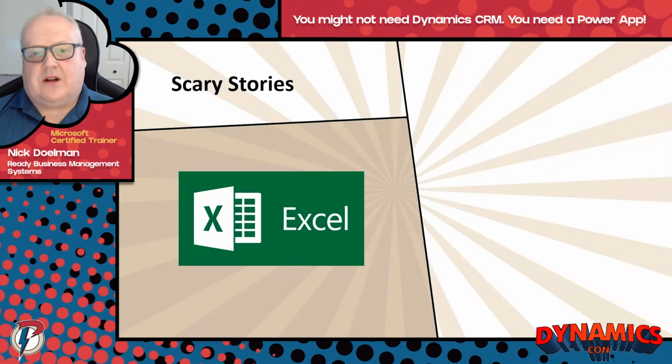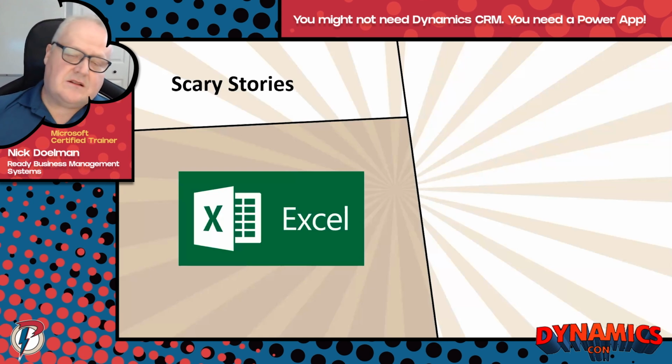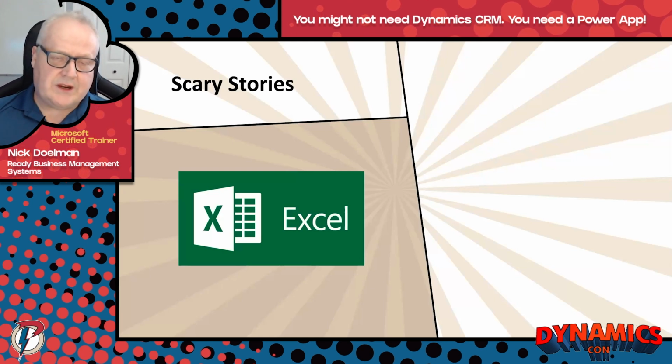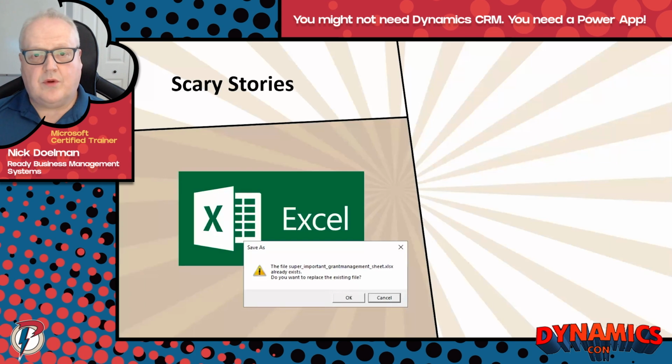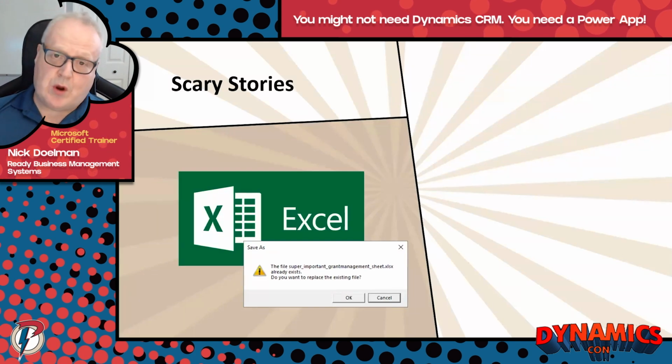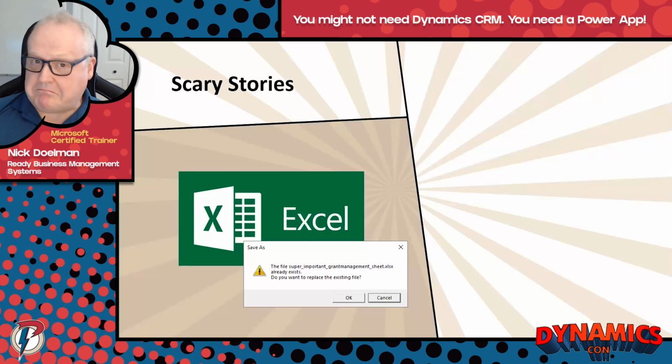Here's where the scary part comes in. One day, one of the users was working in a different Excel sheet, and by a click of the button, they were faced with a prompt: do you want to replace the existing file? Now, I'm sure all of you, when you're saving a document in Excel and you get those little warnings, read every letter of that sentence, right?